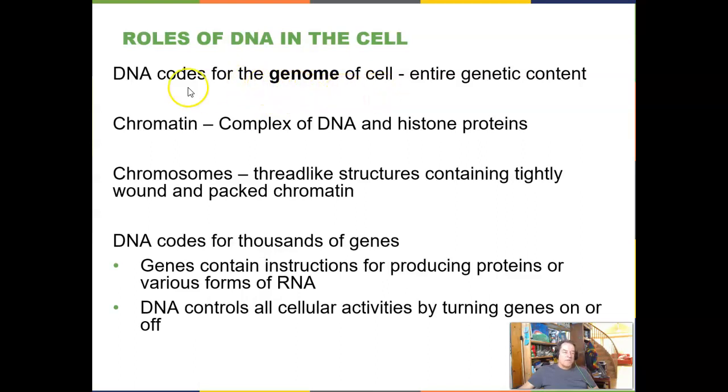That's just all the information stored in the form of DNA. Chromatin is the name for DNA plus proteins surrounding it. That is what you really have in the nucleus of your cells. And a chromosome is that thread-like structure you can see when its DNA is packed up in anticipation of cell division. That's the one time we use the term chromosomes to refer to something we can actually see.